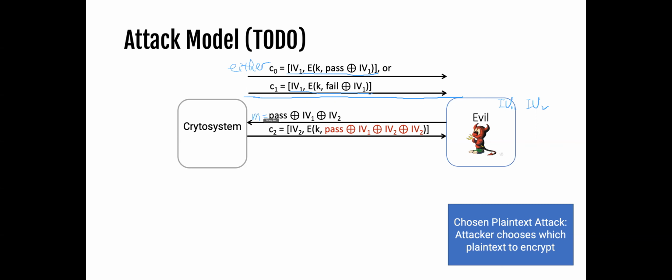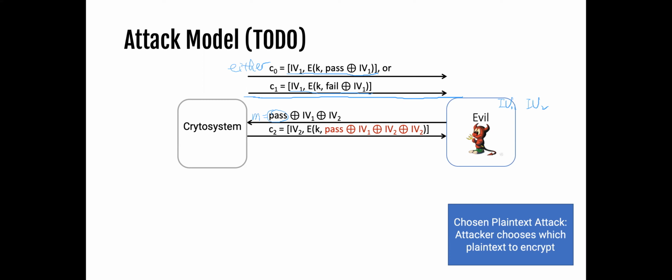What Eve can do is send this as the plain text. Eve is going to put the message pass, and then pass XOR IV1, XOR IV2. This is one of the possibilities from the previous plain text, and Eve has it XOR both IV1 and IV2. And here's the cute part.